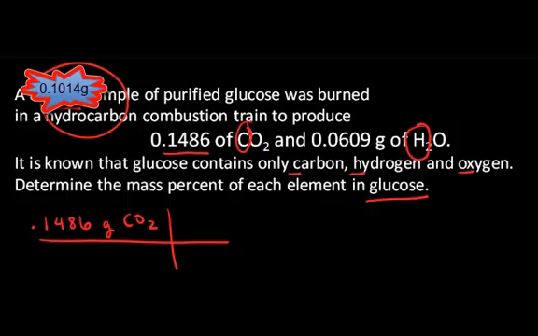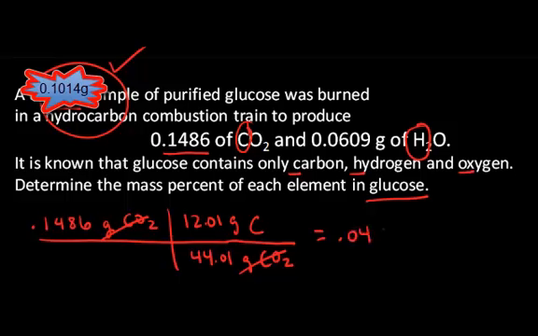In 1 mole of carbon dioxide, we would have 12.01 grams of carbon and 44.01 grams of carbon dioxide. That cancels the grams of carbon dioxide and gives us the grams of carbon that must have come from the original sample in the carbon dioxide, and that's 0.04055 grams of carbon.